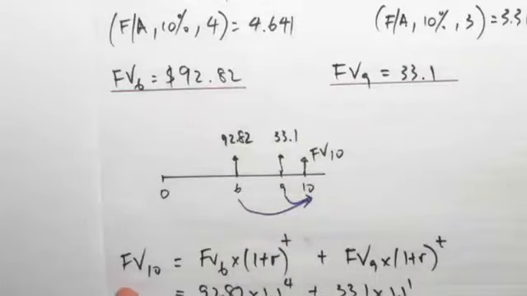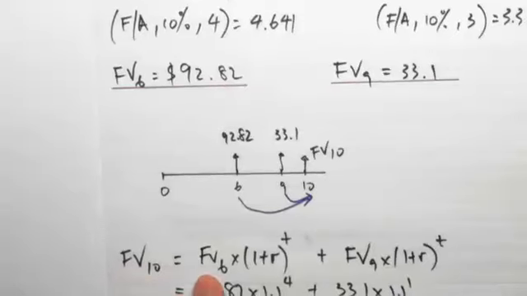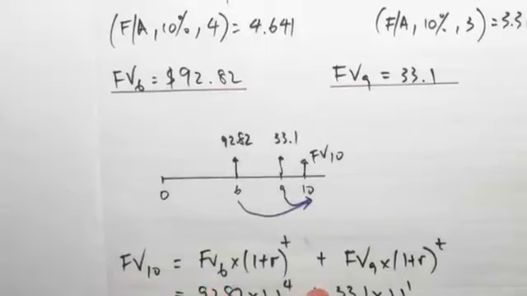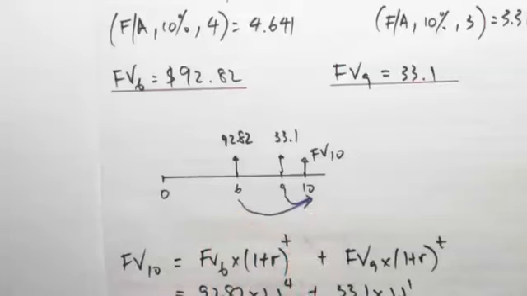In respect to the future value at 10, future value 6 and future value 9 are technically like present value, so we are going to compound them forward. We use the compounding equation, P times (1 plus r) to the t.